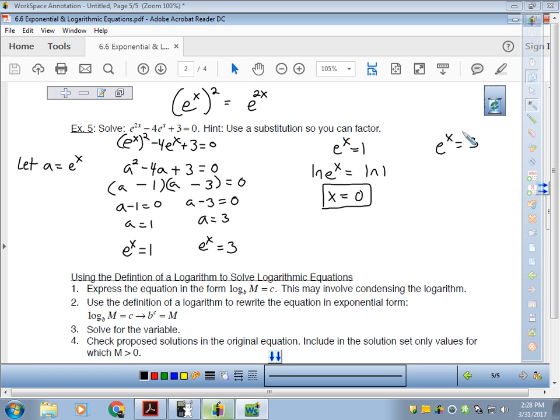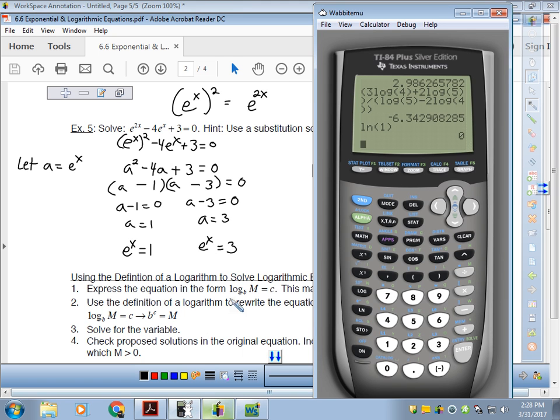All right. For our other one, we have e to the x equals 3. There's not a common base for e and 3, so we're going to have to use logs. And since this is an e, we will use natural logs. So ln of e to the x equals ln of 3. On the left-hand side, the ln and the e cancel out, so we just have x equals. And here we have ln of 3, which we could approximate using a calculator.